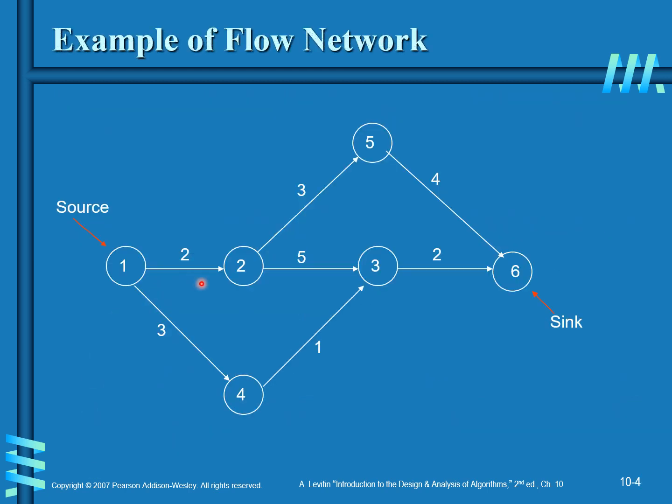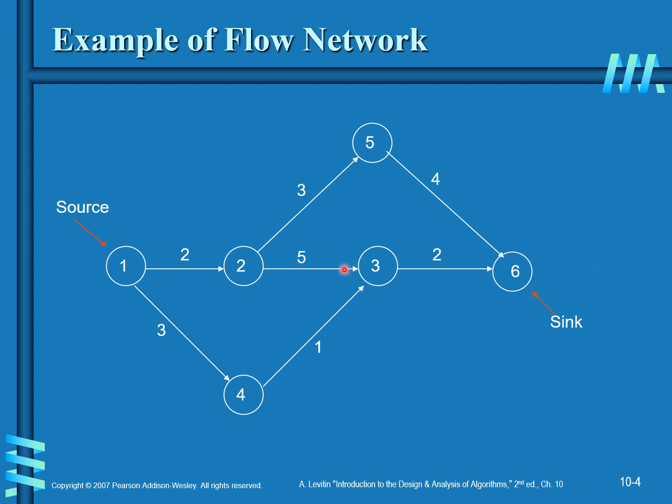This is an example of a flow network. Here you have 6 nodes. You know that the source is a vertex which doesn't have any incoming edges, so we mark node 1 as the source. Whereas 6 is the sink, the node which doesn't have any outgoing edges. There are no leaving edges from this node, so we mark 6 as the sink. The max flow problem is to maximize the flow from the source to the destination.